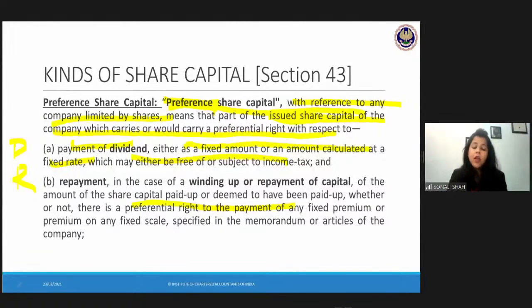But in cases where the dividend of the preference shareholders has not been paid continuously for a period of 2 years, in that case, preference shareholders have a right to vote on every matter of the company. So we cannot say that they do not have voting rights. They have a voting right, but only on the matters that affect them. Whereas equity shareholders have a right to vote on every business of the company.